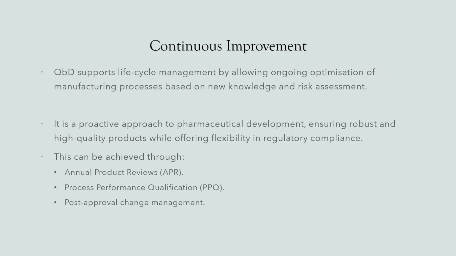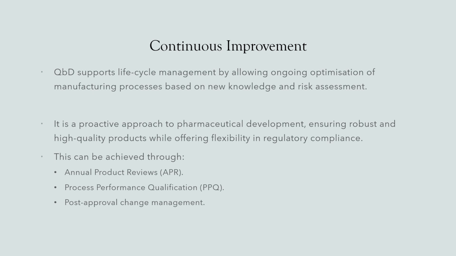How do we get continuous improvement? I have alluded to this in previous slides, but what is the process? This is the accumulation of data. Process performance qualification is continually monitoring and gathering data to build a complete understanding of your manufacturing process. Once you've obtained that data, you can analyze it.